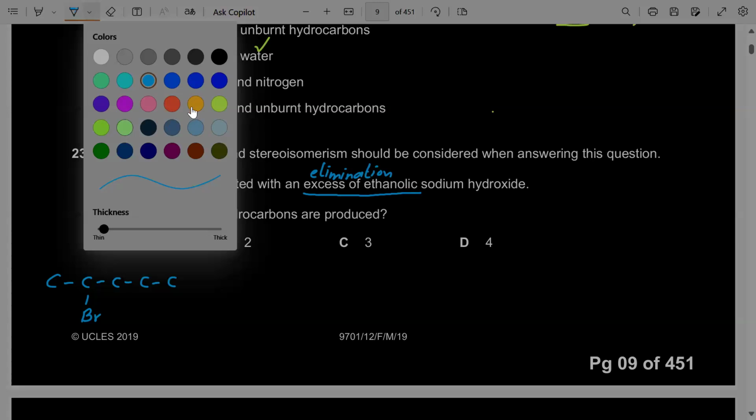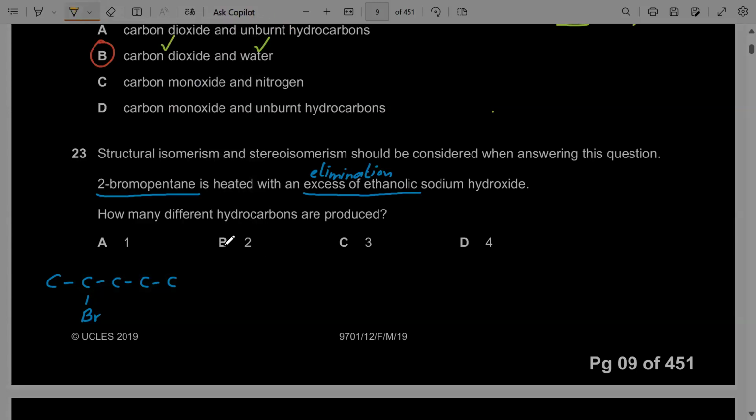Now, how do we find the products of the reaction? First, you should remember that according to the rule, the elimination will definitely be of the bromine. Bromine will be removed from here, along with the removal of hydrogen.